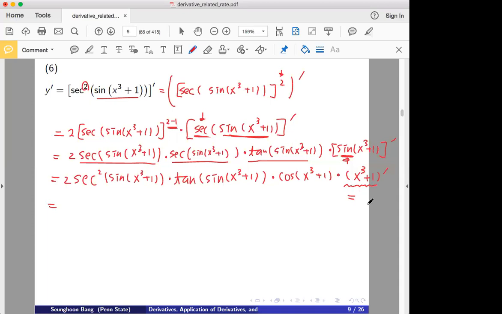Yes, 3x squared; the derivative of 1 is 0, exactly 3x squared. So this is 3x squared.